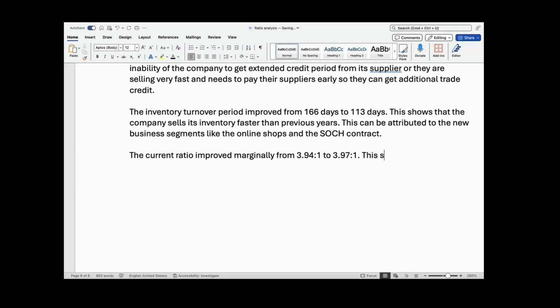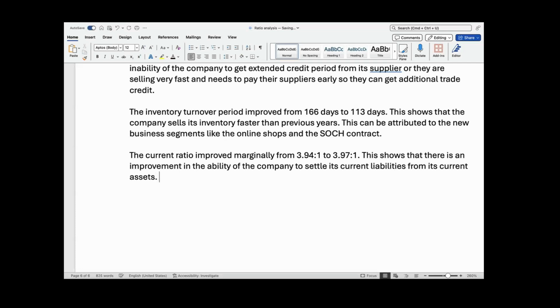And this shows that there is an improvement in the ability of the company to settle its liabilities from its current assets.